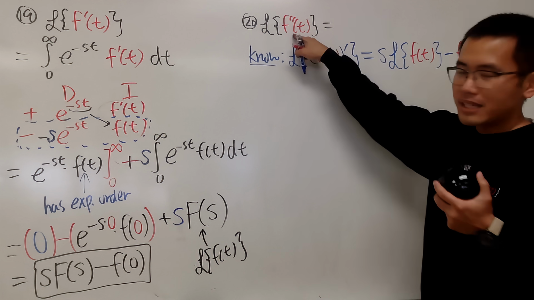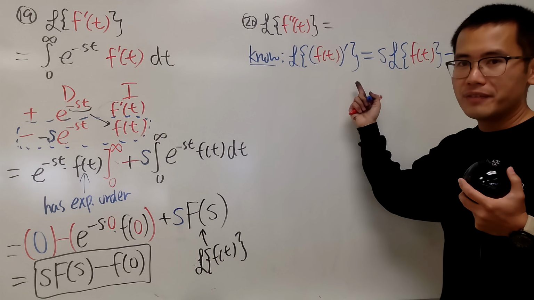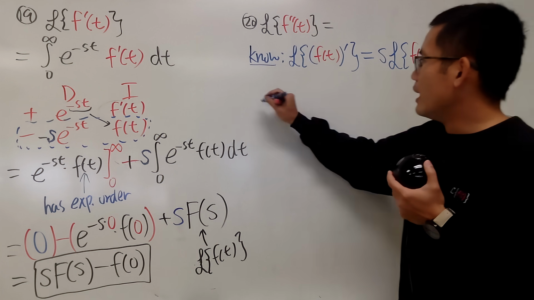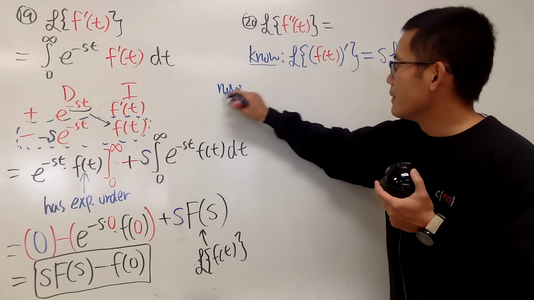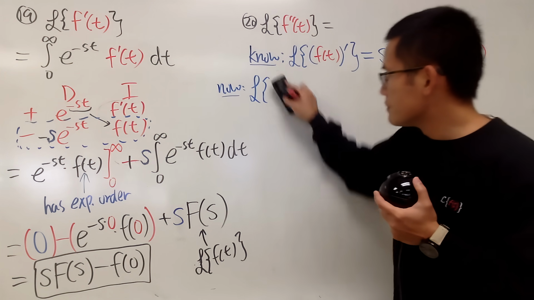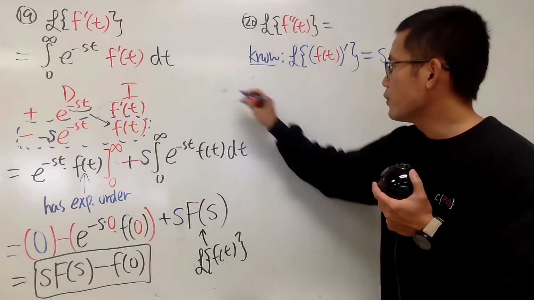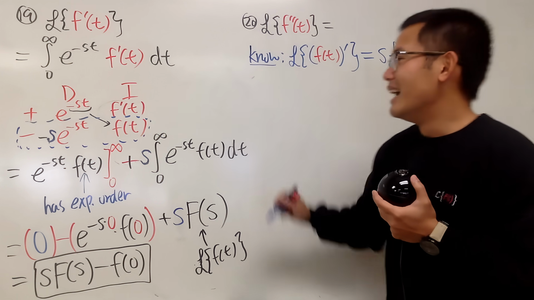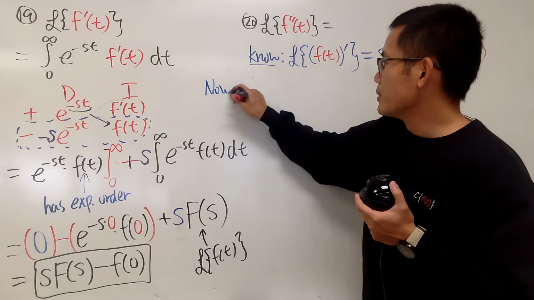Now, what's the connection between the second derivative and the first derivative? Yes, you just differentiate the first derivative again. So have a look. Now, if you want to get the second derivative, let me write it down better for you guys. Sorry. So let me just literally put it down now.